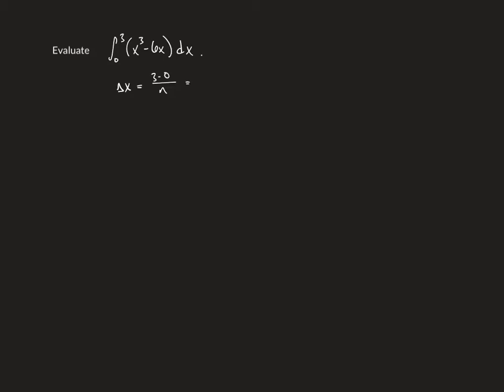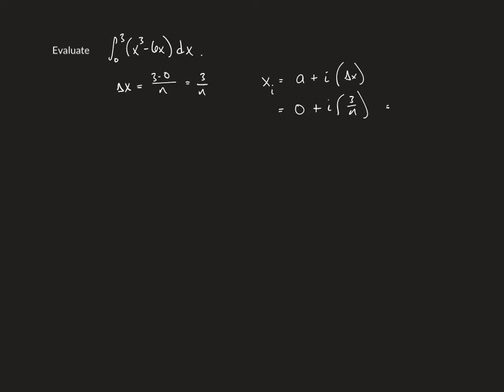So this lands us with 3 over n as our delta x, and we've stated that we would represent xi as whatever our a value is plus i times delta x, which in this case would be 0 plus i times 3 over n.